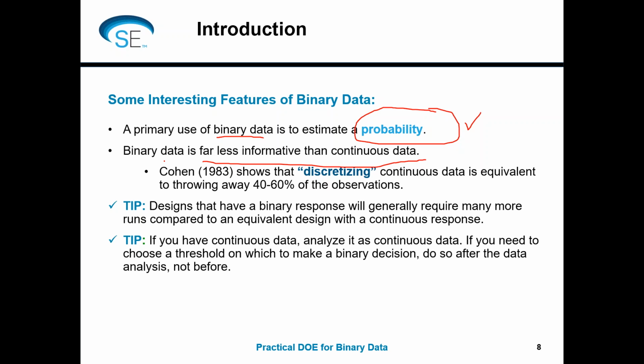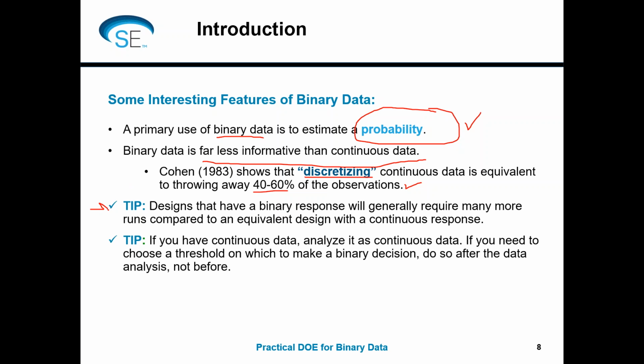In fact, there was a study done in the 1980s that shows that if you discretize data, in other words, you start with continuous data and turn it into binary data, because maybe it makes things easier or makes more sense intuitively, that's roughly equivalent to throwing away about 40 to 60% of the actual data you've collected. In my experience, I actually think it's a little bit higher than this. But anyways, it's a significant chunk of data.